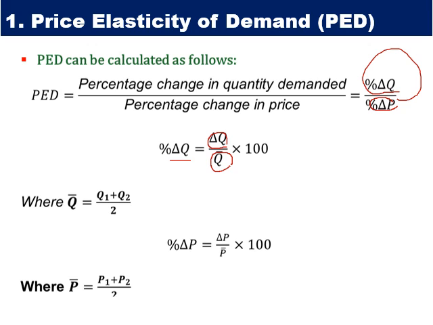We get this by taking the sum of the two quantities and dividing by 2, as we will see now. Then, similarly, percentage change in price equals delta P, or change in price, divided by the average price, P bar, times 100, where we can get P bar by taking the sum of the two prices and dividing by 2, as we will see in the numerical example now.